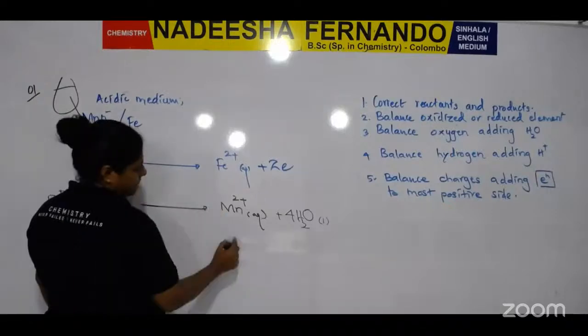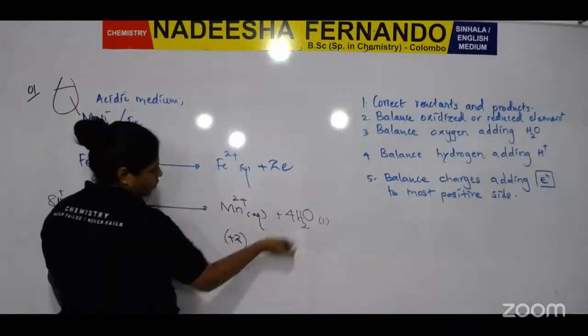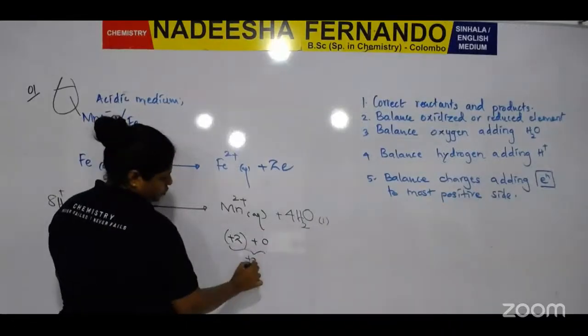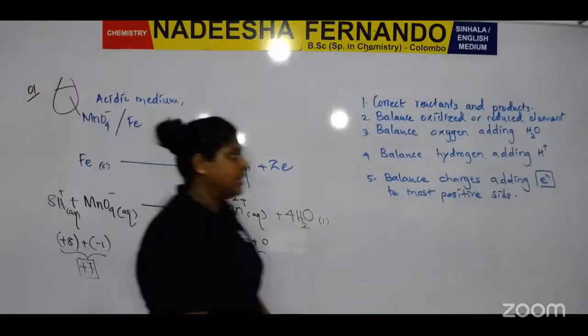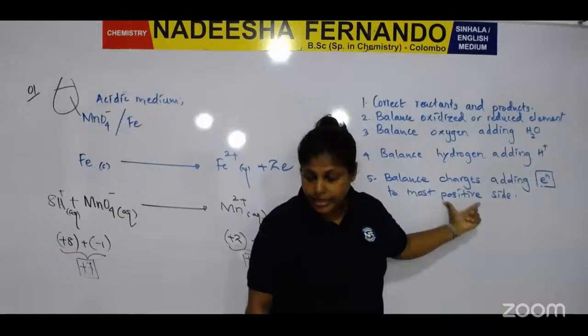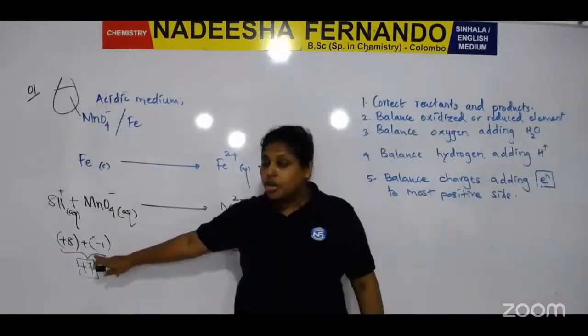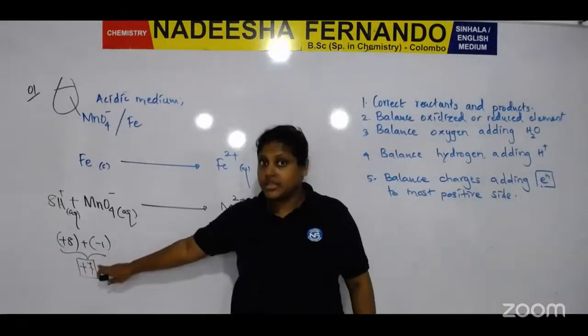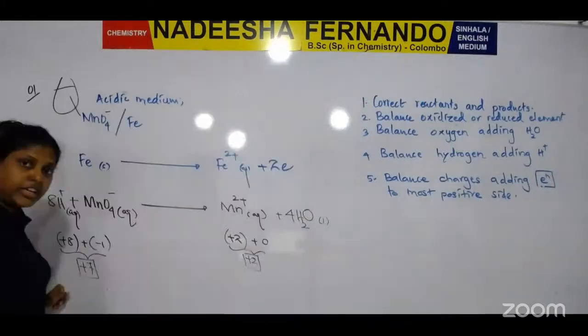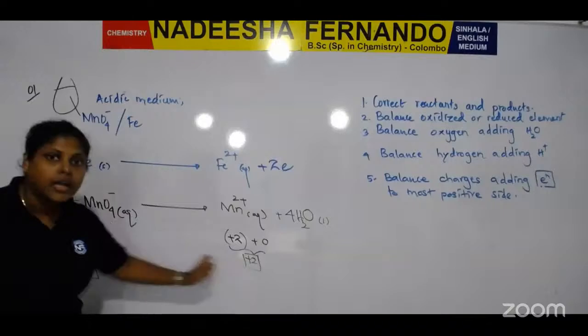Manganese +2 charge. Water 0 charge. Here +2. We need to add electrons to the most positive side. +2 and +7, the most positive one is +7. So we need to reduce +7 to +2.